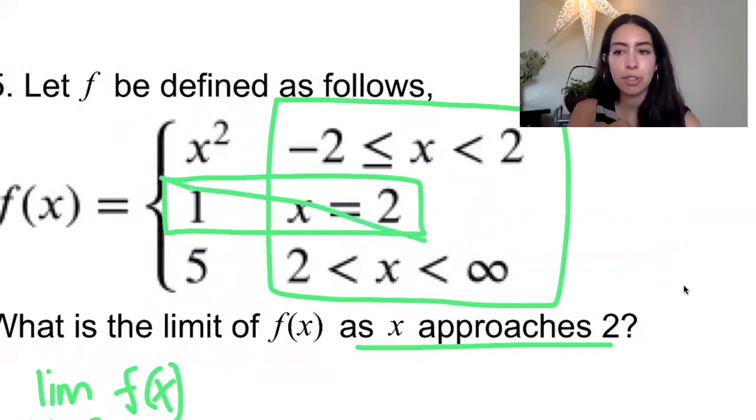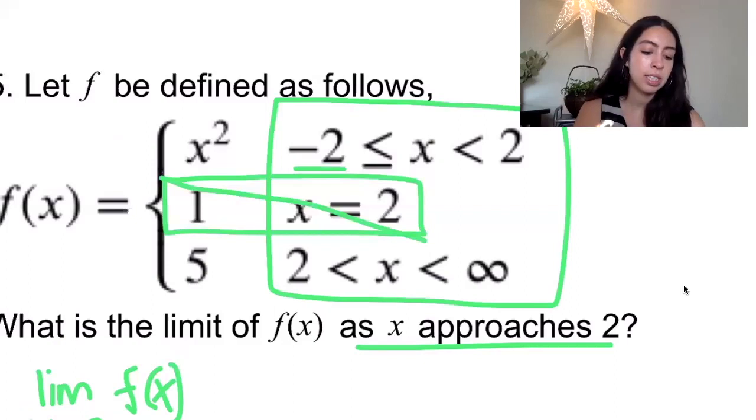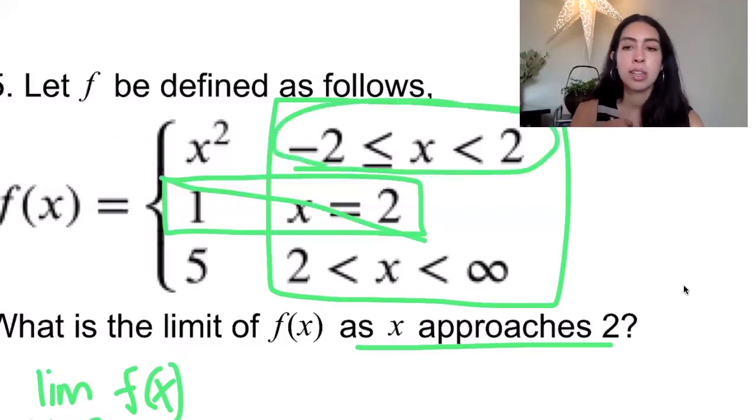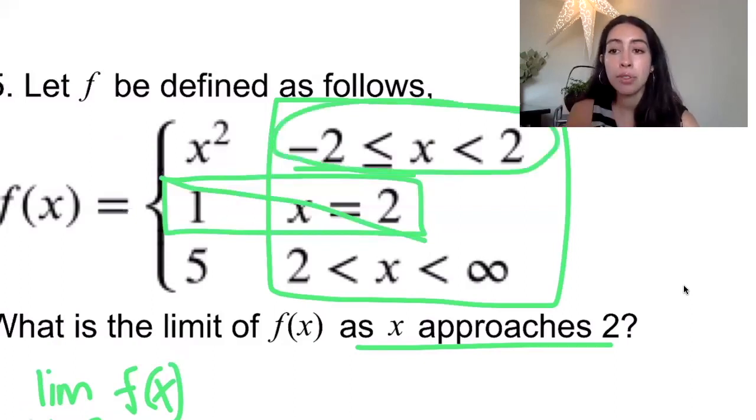It doesn't make a difference to me. I want to know what's happening to the left of 2 and what's happening to the right of 2. So if I want to check the left side, I want to look at the conditions that are all to the left of 2. So these are x values from -2 to +2, but not including 2. So those are all to the left.